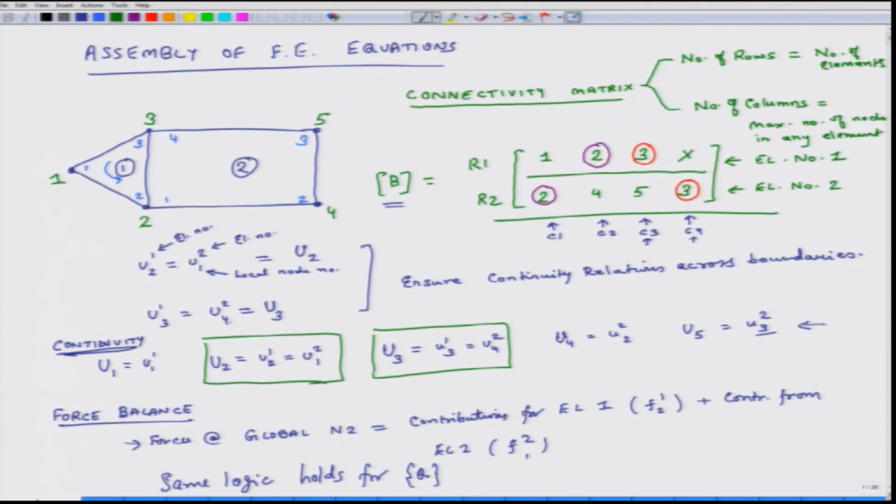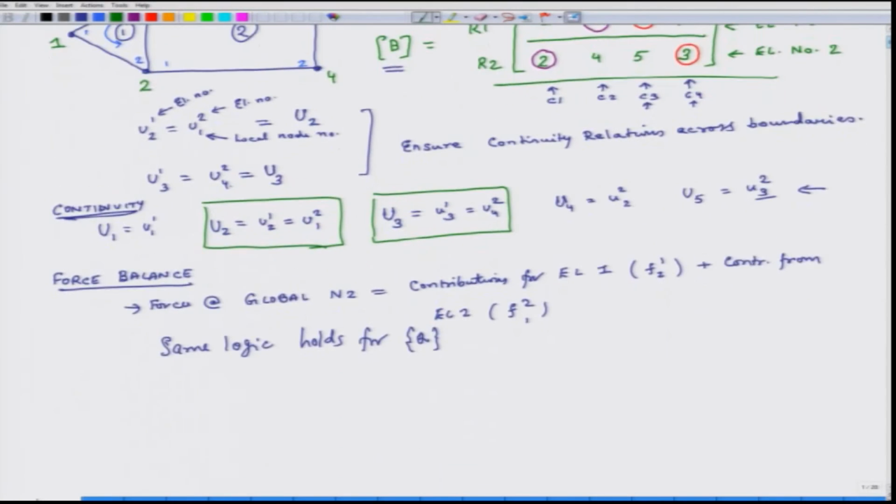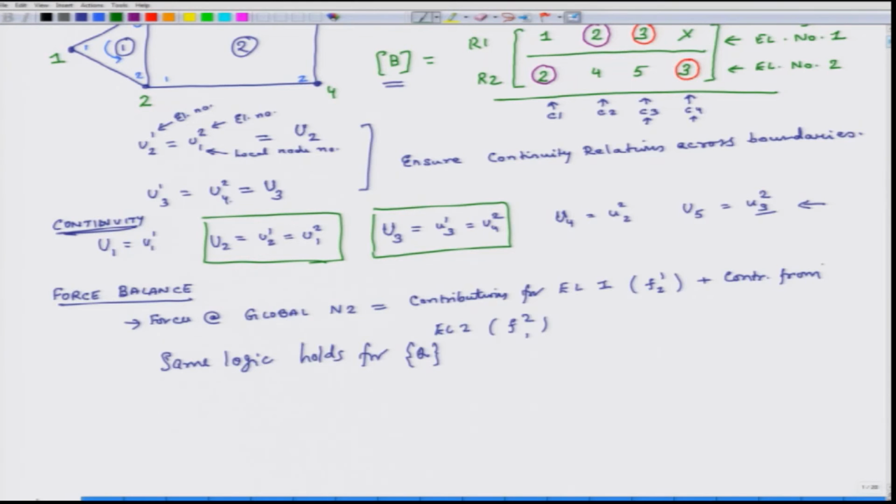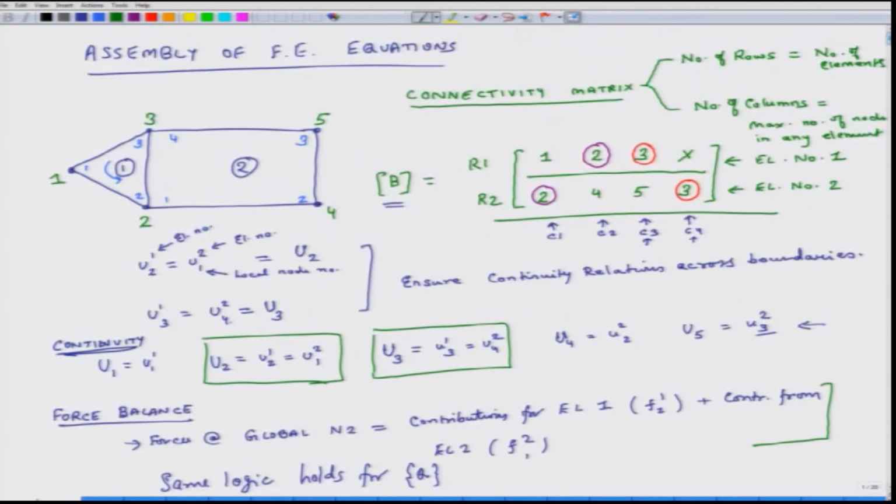Not only that, we will also add up contributions. What adding up contributions means is that I have to add up the equation associated with this degree of freedom to the equation related to this degree of freedom. The same connectivity matrix tells us which equations have to be added up.